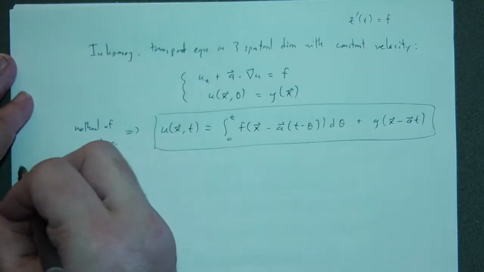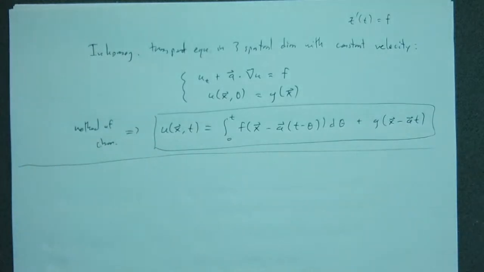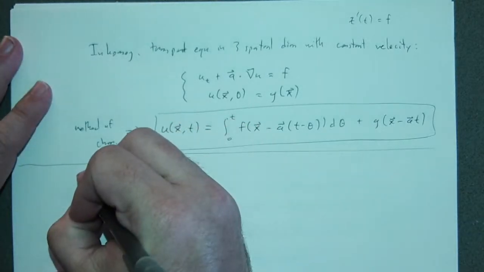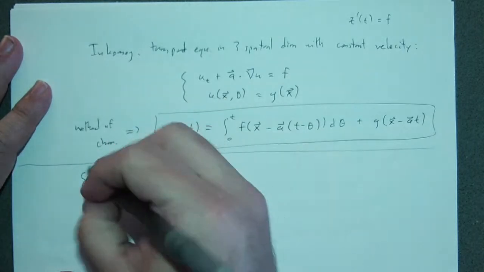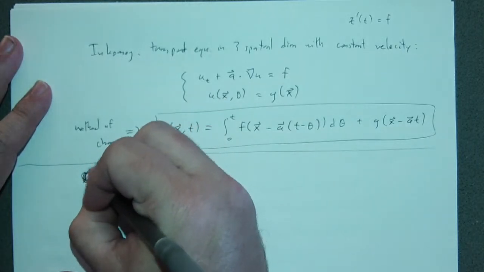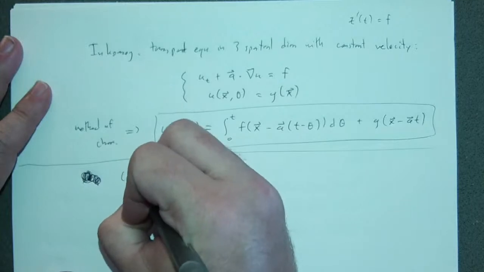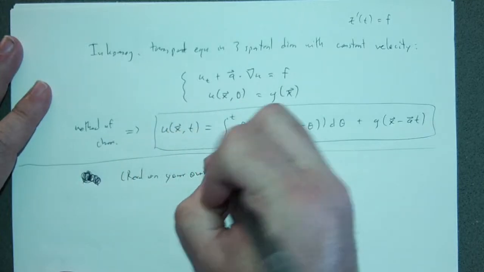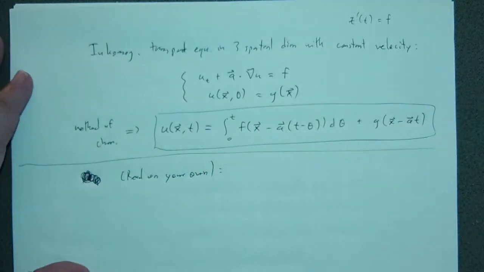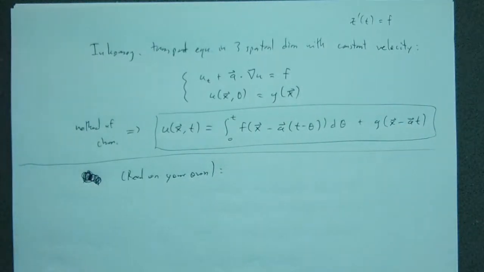The nice thing about this is that we can immediately move into the next section. We are going to skip this, but you can read it if you want. Maybe I'll just say read on your own. It's not going to be important for our concerns yet.